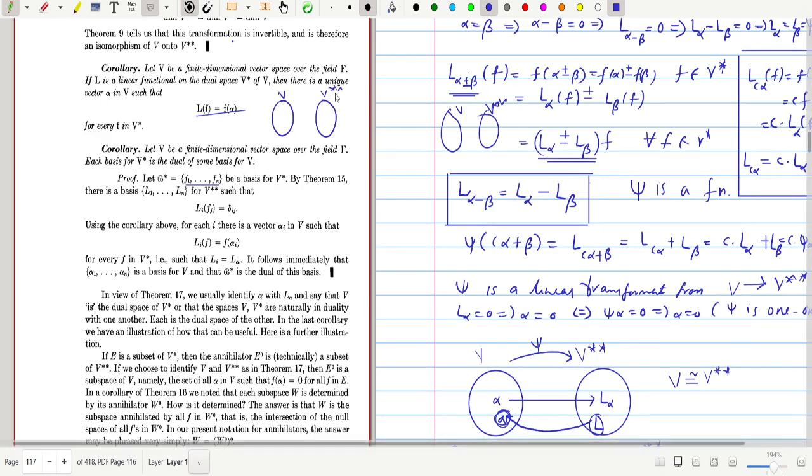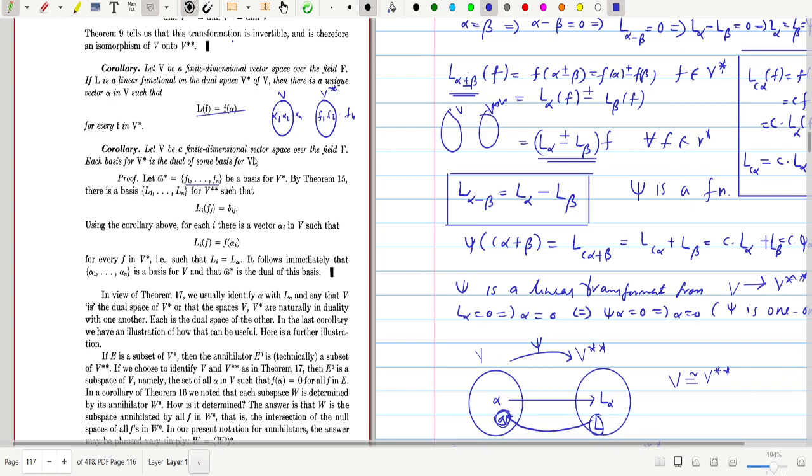This is not V double star, this is V star. If you choose a basis here, f1, f2, etc., fn, can you find a corresponding basis of V, say alpha 1, alpha 2, etc., alpha n, such that the fi's are the dual basis of alpha 1, alpha 2, etc., alpha n? That is the question of the next corollary.